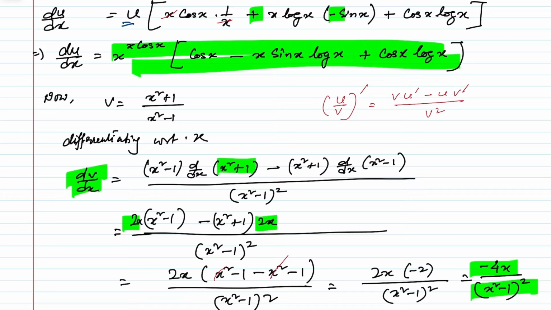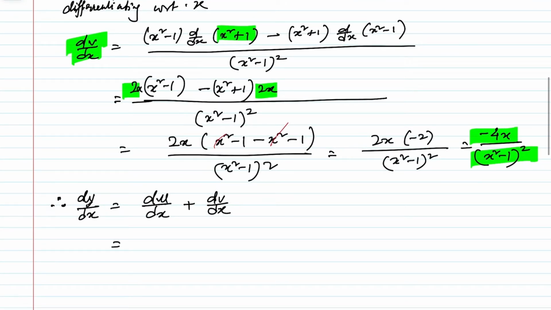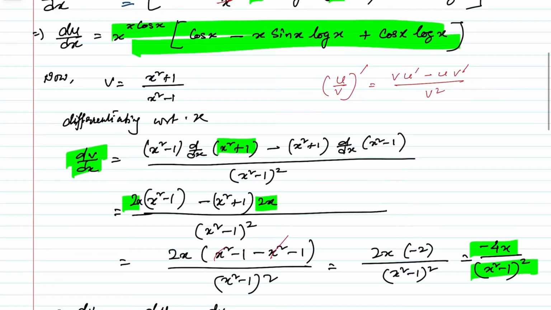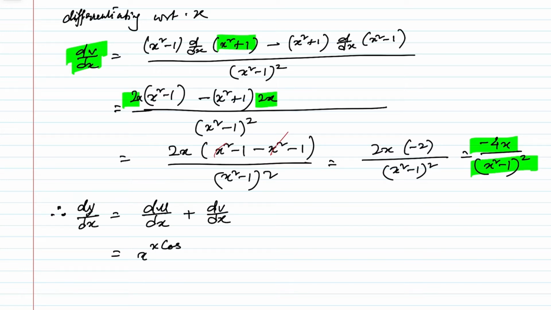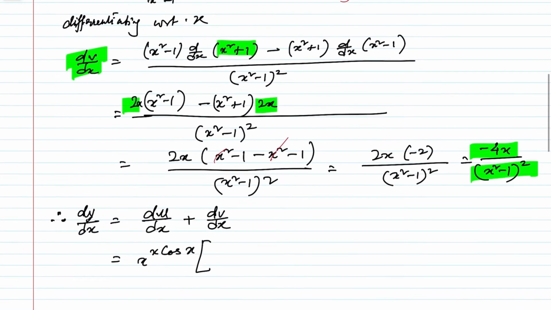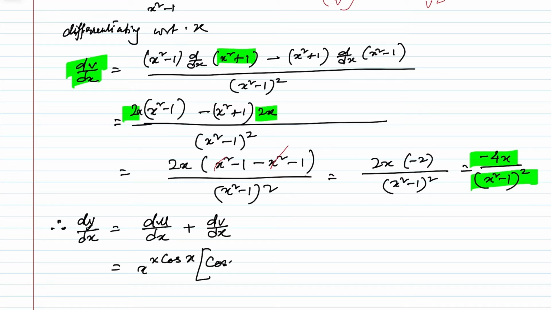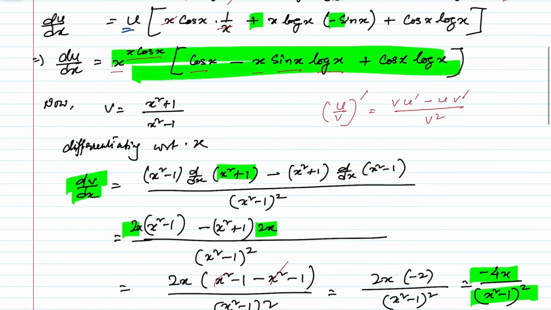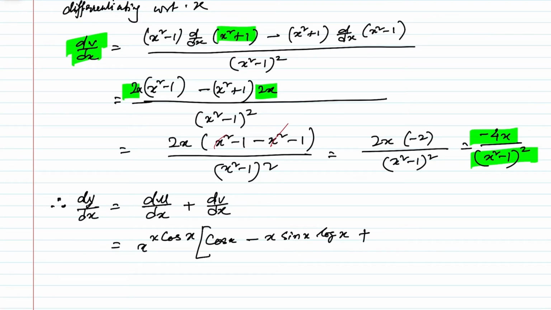So using these two values, our result will be, so du by dx is x to the power x cos x into cos x minus x sin x log x, plus, and the third term is cos x log x, and dv by dx is minus 4x by x square minus 1 whole square. So this is our required result.